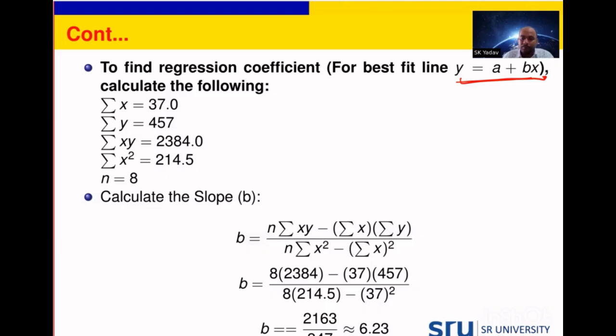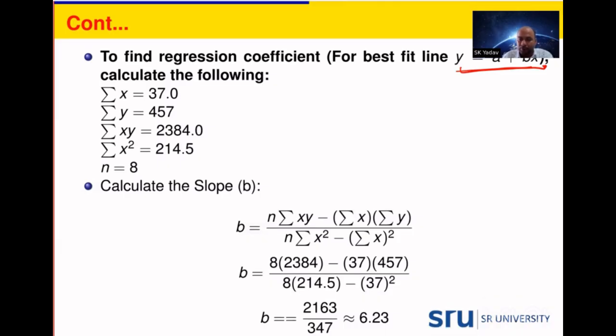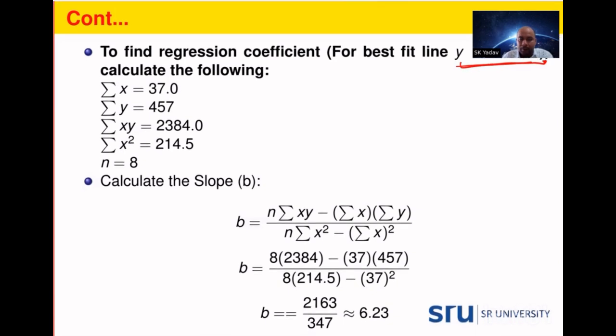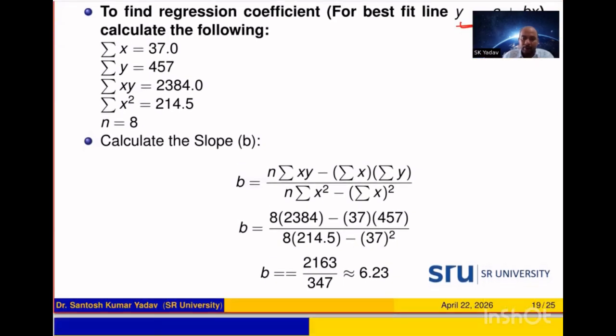From those two equations, either you can solve, or here is a simplified version where b you can directly obtain by using this, which is obtained by solving those two equations for b by eliminating a. Okay, so the normal equations, if I write them here: summation of y equal to n times a plus b times summation x, and summation of xy equal to a times summation x plus b times summation x square.